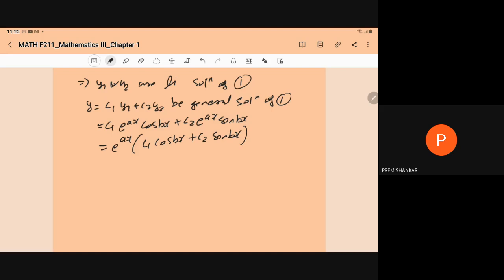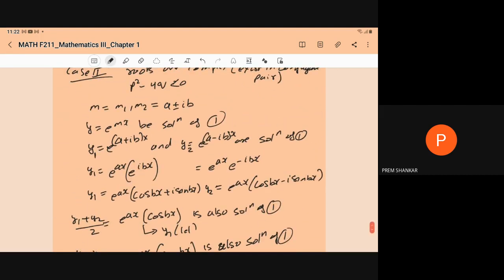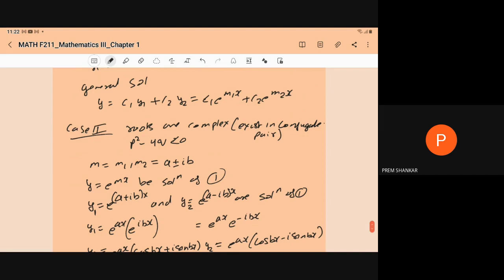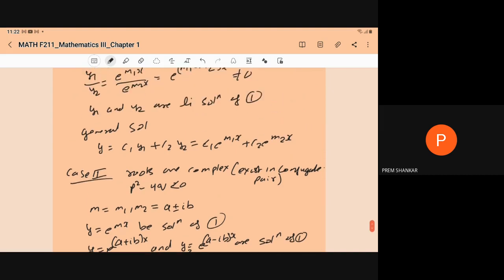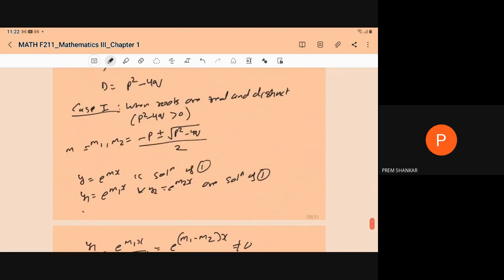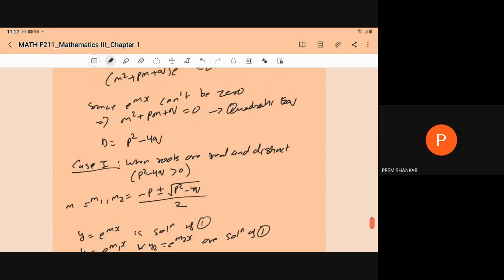So this is the general solution for the second order differential equation when the roots of the auxiliary equation are complex.